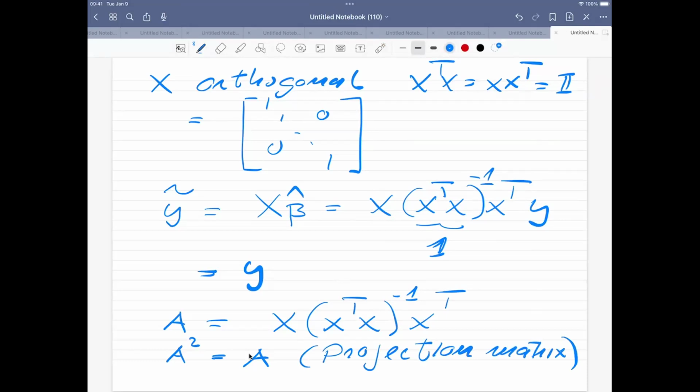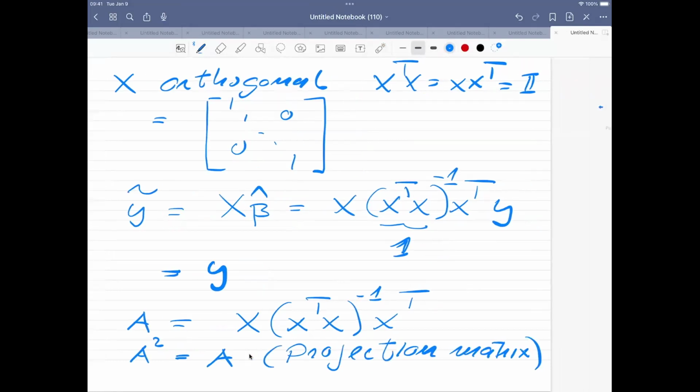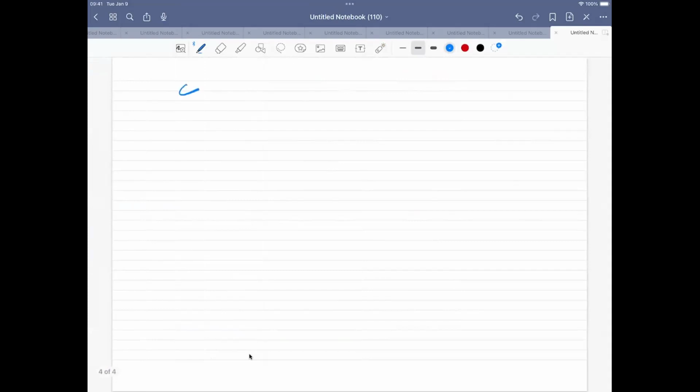So what I'm doing then is writing y tilde equal to this matrix A times y. So what I'm doing is actually to project out components of y, which are defined by the column vectors of the design matrix X. So normally, y is not equal to y tilde, because if it was, we would have a perfect model, right?